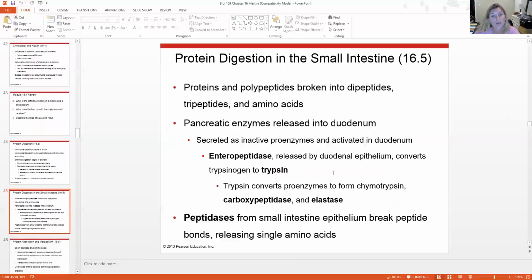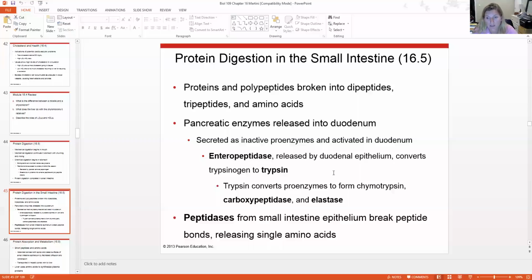Pancreatic enzymes released into the duodenum come from the pancreas. They're secreted as inactive proenzymes, and then they're activated within the duodenum. Enteropeptidase, released by the duodenal epithelium, converts trypsinogen into trypsin, and trypsin will convert other proenzymes to form chymotrypsin, carboxypeptidase, elastase, just other enzymes to break down specific proteins.